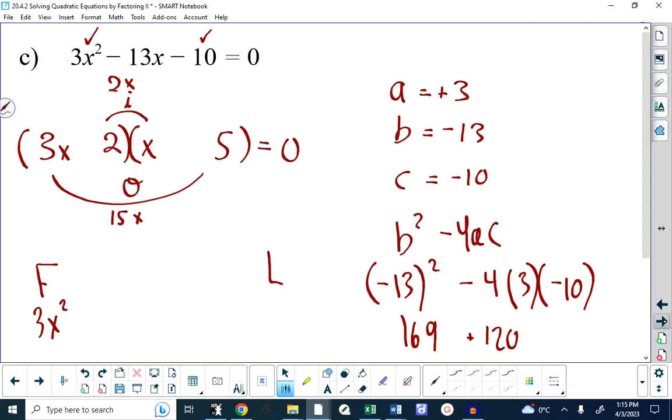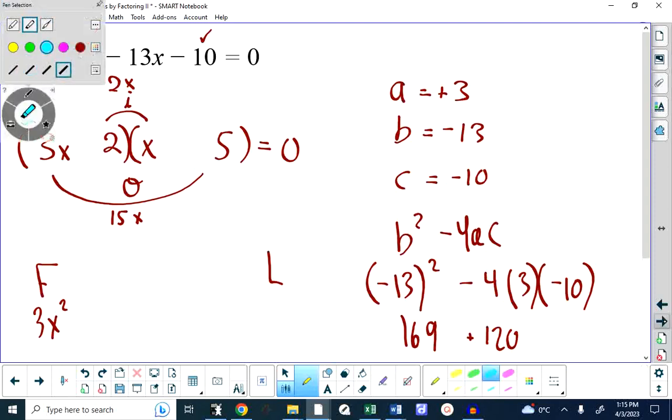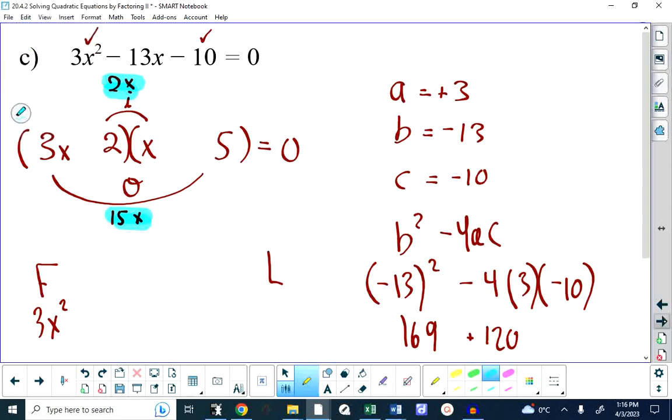And the question is this: can I combine in some way these two terms to get negative 13x? Yes, if the 15x is negative. I want negative 13x out of this deal. So if this is negative, that would give us negative 13x.